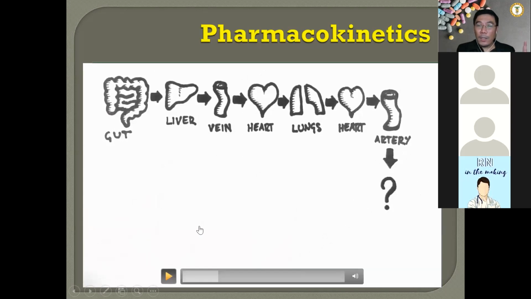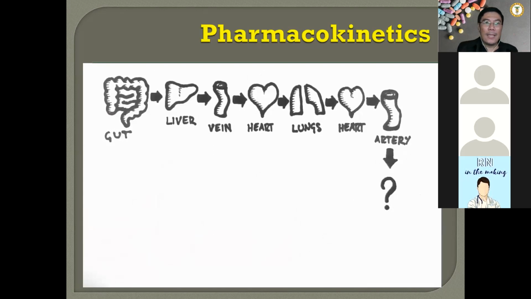Okay, what you're witnessing in this video simply identifies how circulation takes place in different organs. So we have the gut, the genitourinary. We have the gastric, specifically. We have the liver.